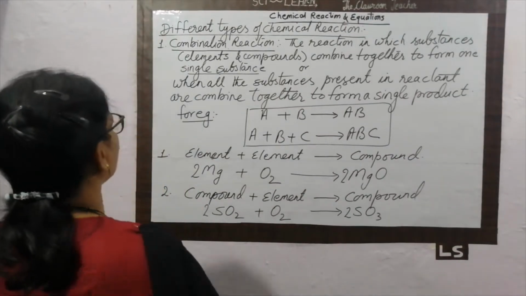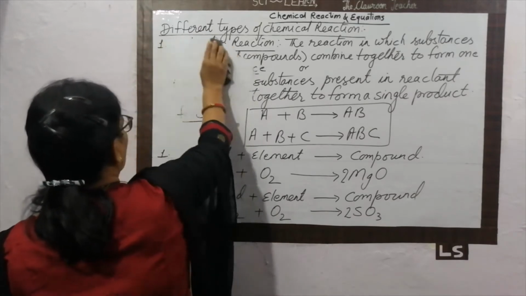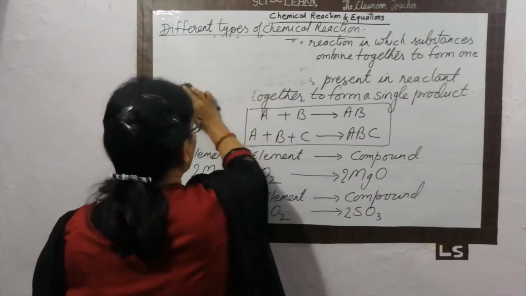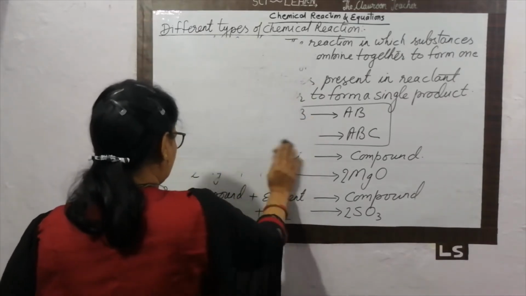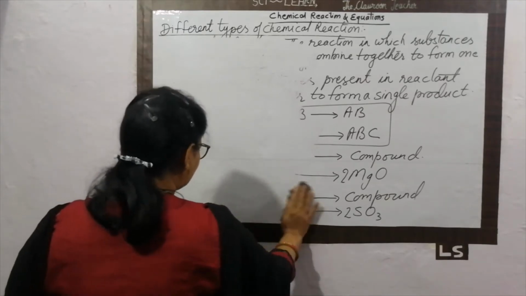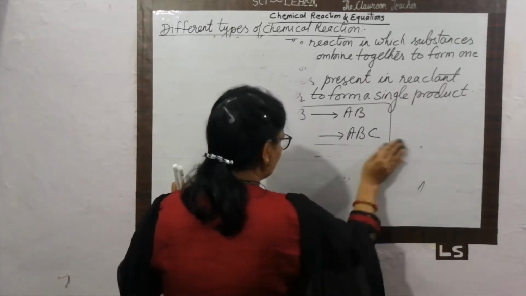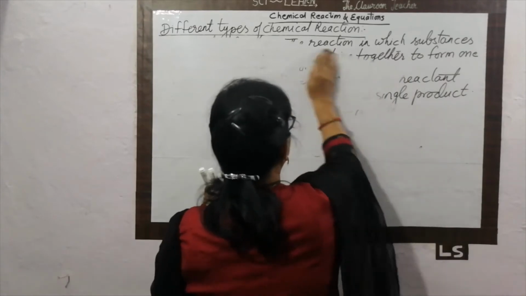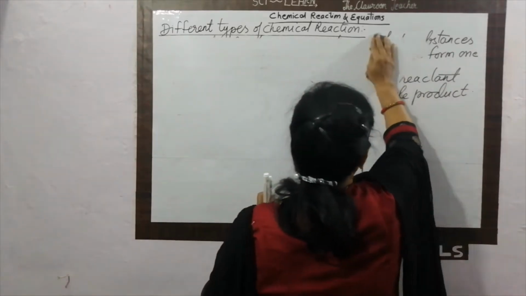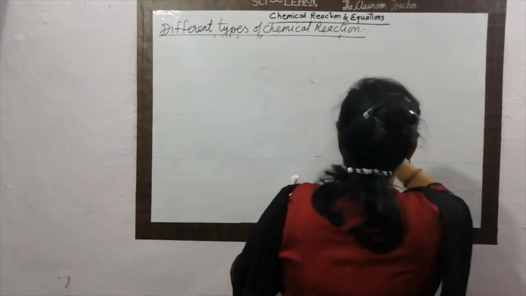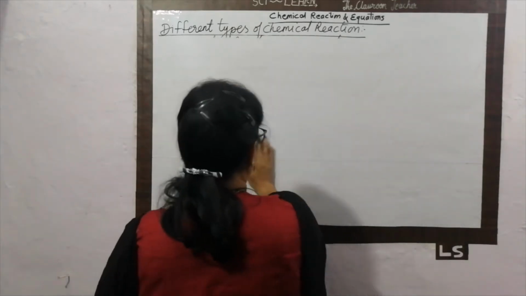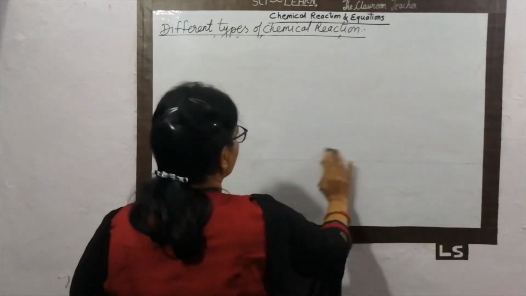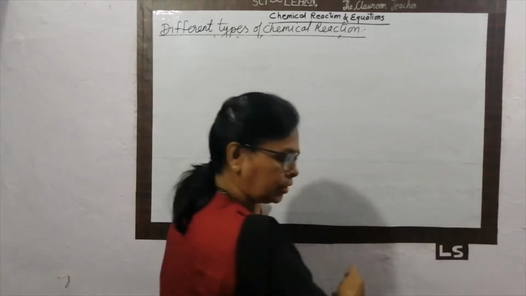One more type of combination reaction is there. When a compound combines with another compound, what is the result? The result is always a compound. As I told you, the result is always a compound. But that is also a combination reaction because only a single compound is formed. If a single compound is formed there, then it is called the combination reaction.